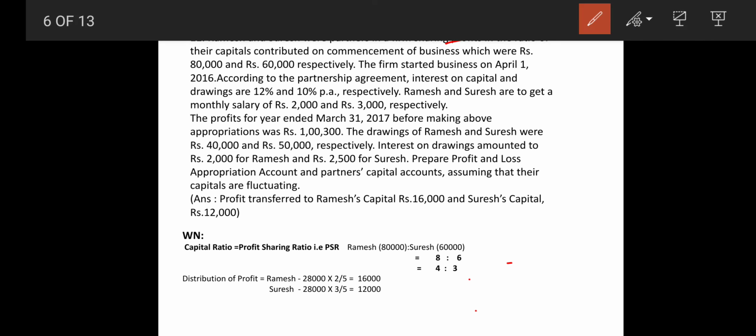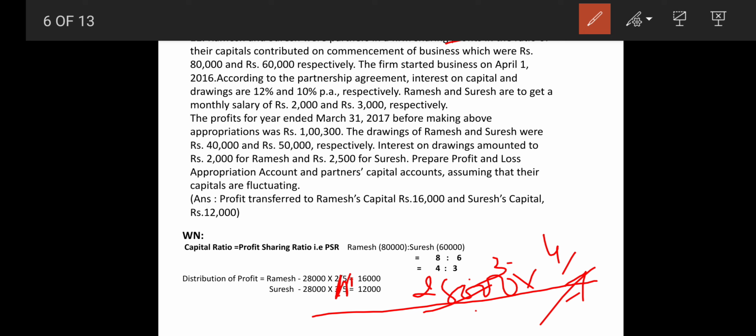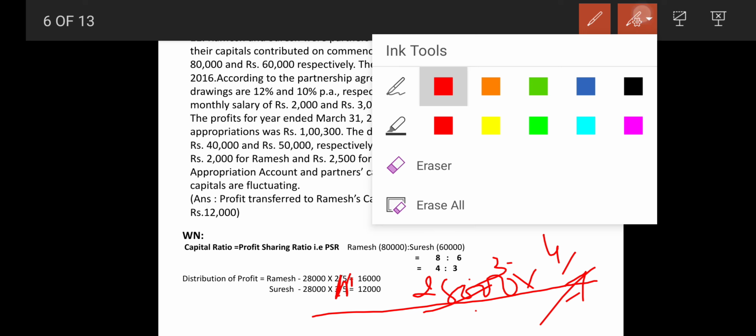So 28,000 multiplied by 3 upon 7. 7 4s are 28, 3 4s are 12. So Suresh will get 12,000.